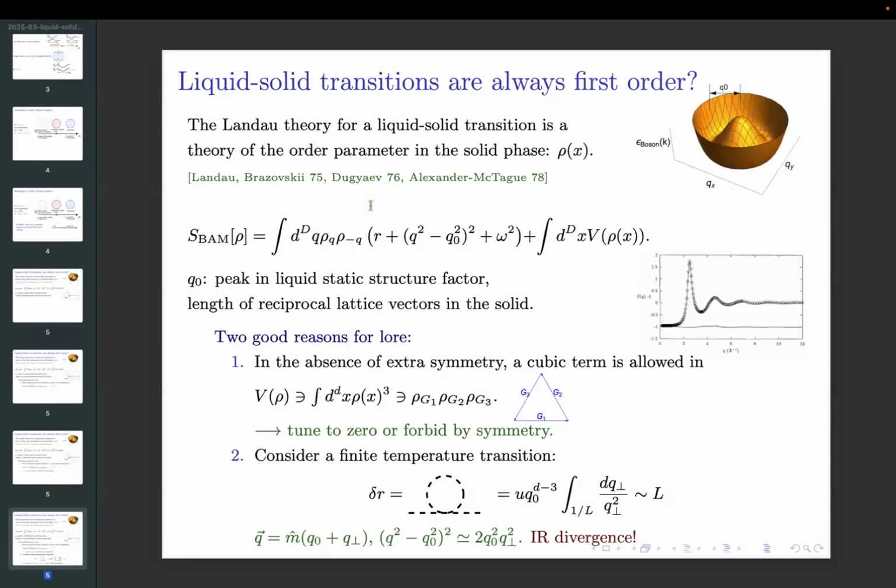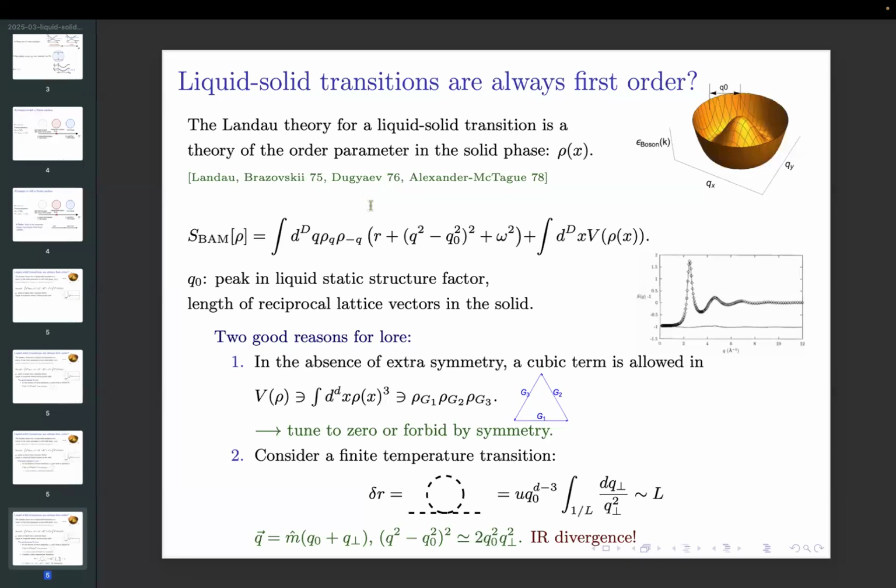And each of these modes behaves as if it's one-dimensional, because the dispersion only depends on the direction transverse to this Bose surface. So it only disperses in one direction, and so this becomes a one-dimensional integral over q. And as you can see, it's infrared divergent.